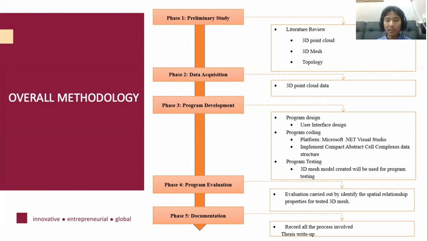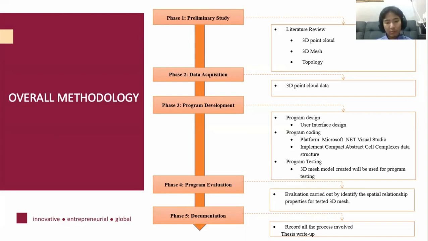The topological data structure that will be implemented in this study is the complex data structure. After finishing the development phase, we will conduct the program testing. The 3D mesh model that is created will be used for program testing.